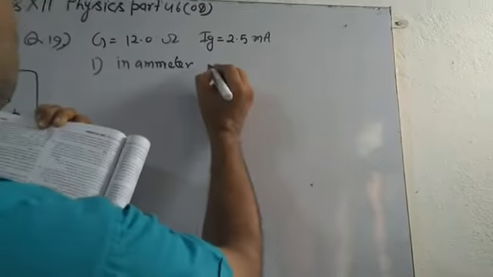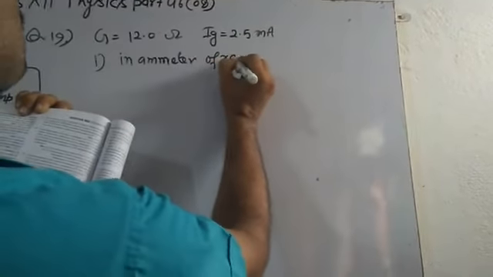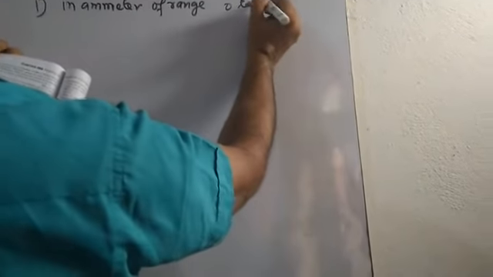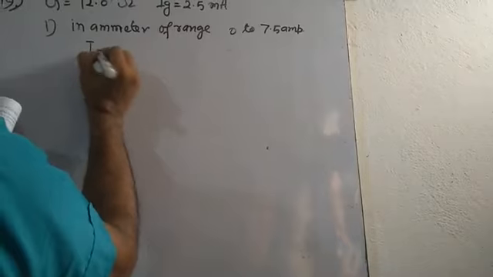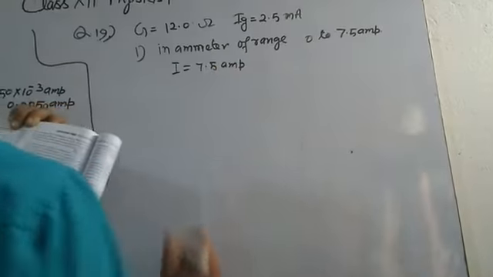First, an ammeter of range 0 to 7.5 ampere, that is I equals 7.5 ampere.